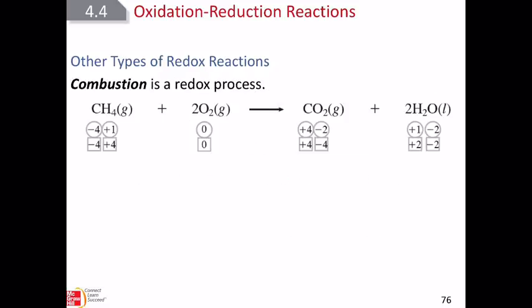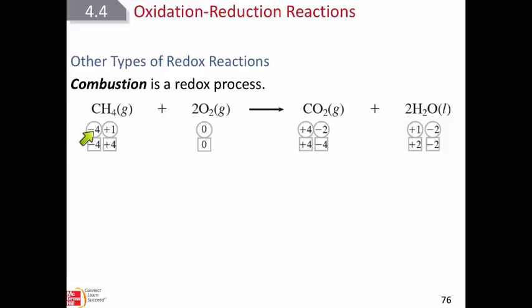Combustion. So this comes back to a question asked earlier about, do all redox reactions involve oxygen? No, they don't, but a lot of them do. And combustion reactions are redox reactions. Here is methane. Methane is the primary component of natural gas. So this is what happens when you light your gas stove. You've got the methane, and it's reacting with oxygen to form carbon dioxide and water. And here we have all of the oxidation numbers identified.